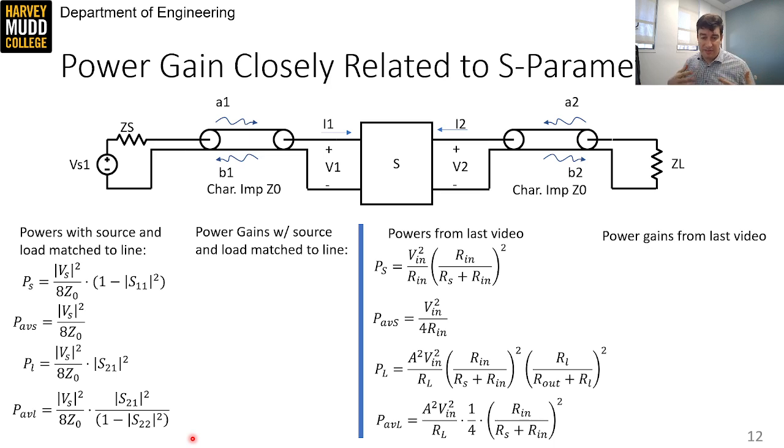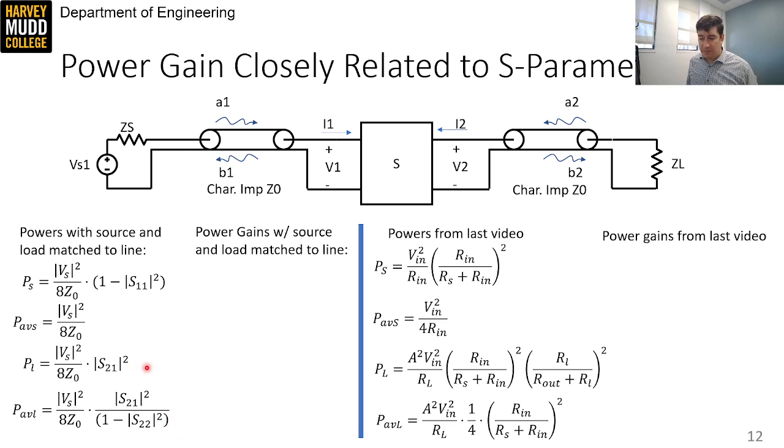PAVL cancels out the effect of a non-ideal S22 value down here, sort of as we discussed on the previous slide. And it does that by putting a correction factor of 1 minus S22 squared in the denominator. So that suggests for S parameter expressions, we can assume that we're ignoring a matching condition if we see a correction factor in the denominator.